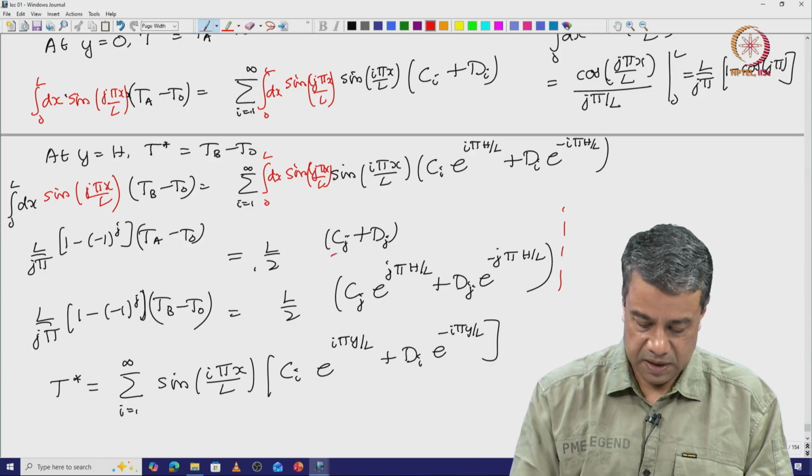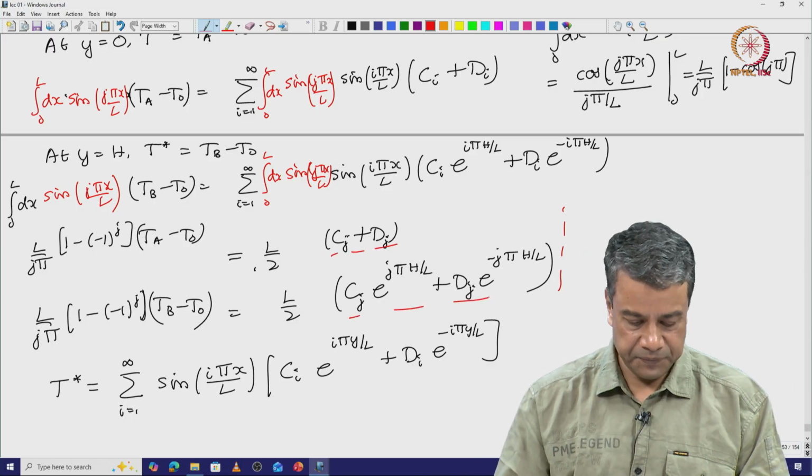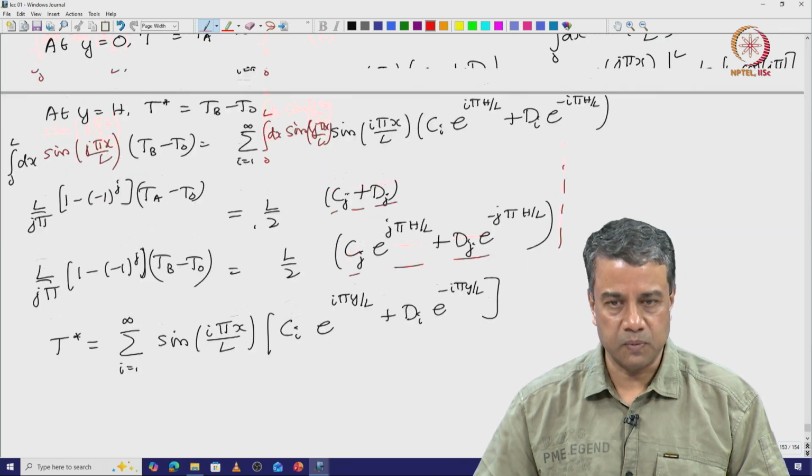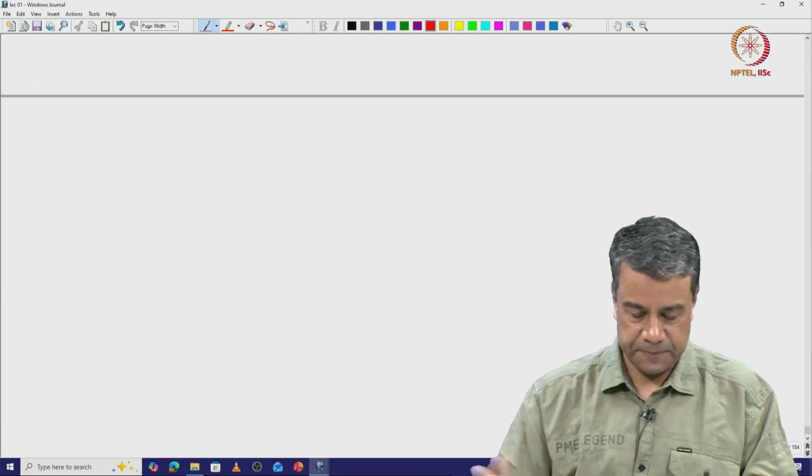So, I just get Cj plus dj on the left side. I can evaluate the right side by integrating, and therefore, I can evaluate both the constants Ci and di.